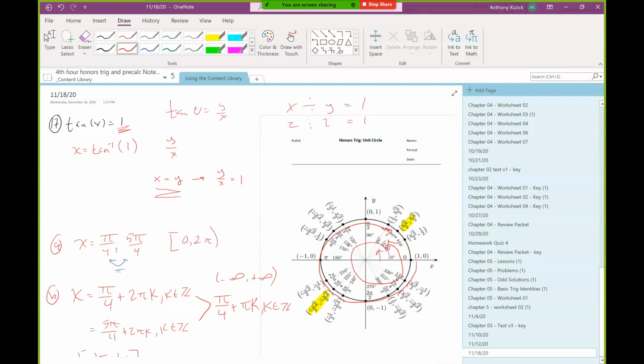So I'm just going to be adding or subtracting 2 pi from those answers to find more answers. So that's what I was doing there.